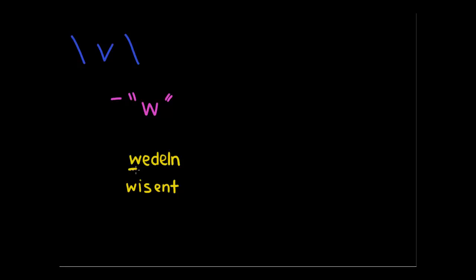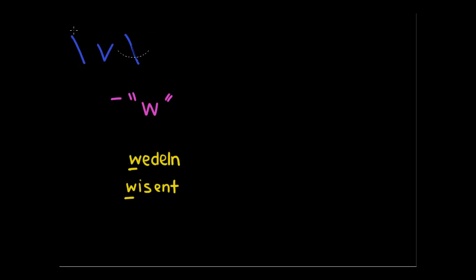And these are just two examples, but there's a whole slew of words where the V is represented by the W, and this is really the only way to spell it. So yeah, a very, very simple rule, a very interesting rule, that the V in German is going to be spelled with a W. Okay, so that's one to know and get used to.